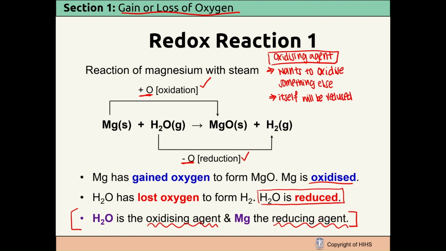So similarly for the reducing agent, it wants to reduce something else. And since it's reducing something else, itself will be oxidized.